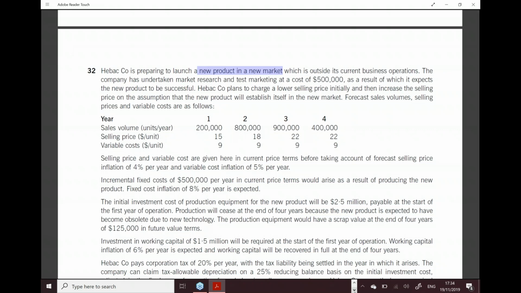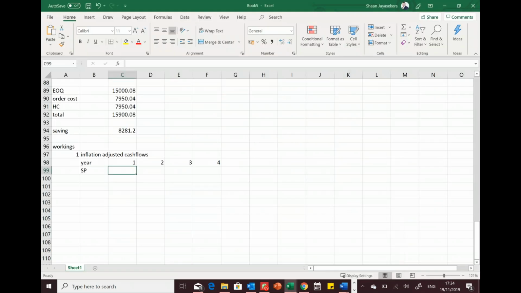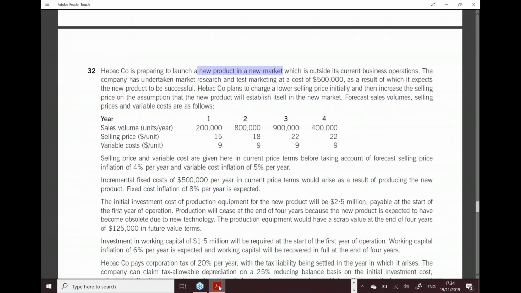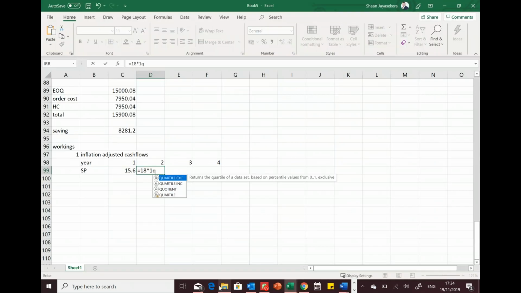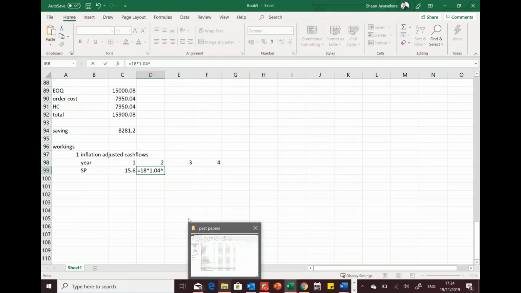So this figure will be logically equal to 15 into 1.04 to the power of 1. This figure should be logically 18 into 1.04 squared.